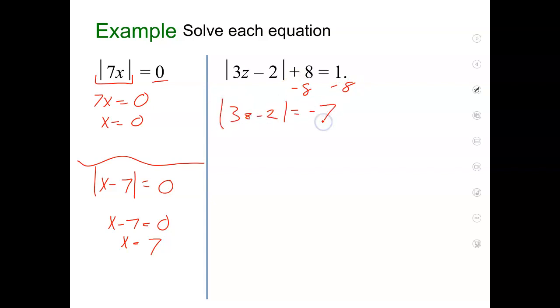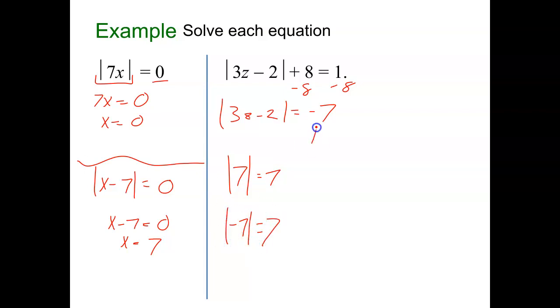So let's take a break here. So I have the absolute value of 3z minus 2 equals negative 7. Okay? So I have to figure out what the absolute value is that would give me negative 7. All right? What's the absolute value of 7? What's the absolute value of negative 7?